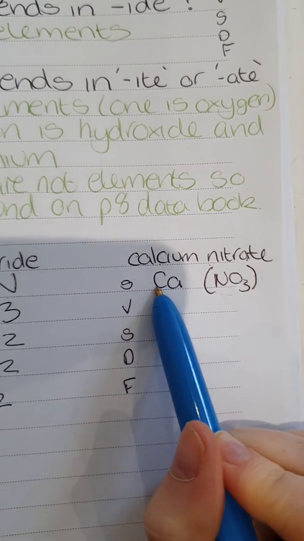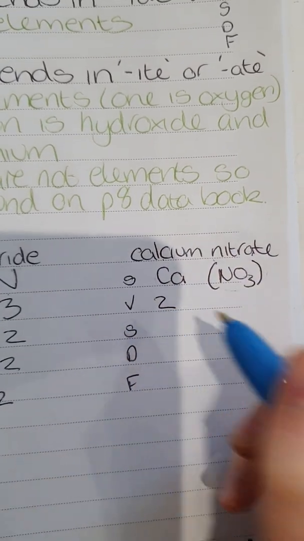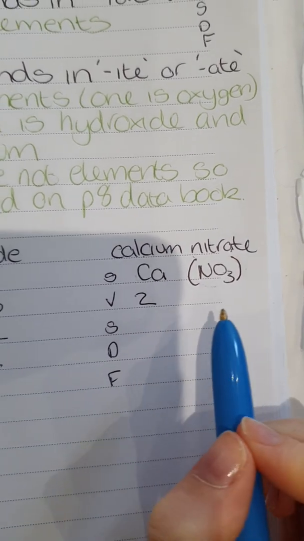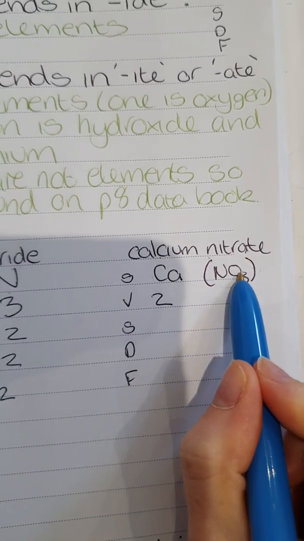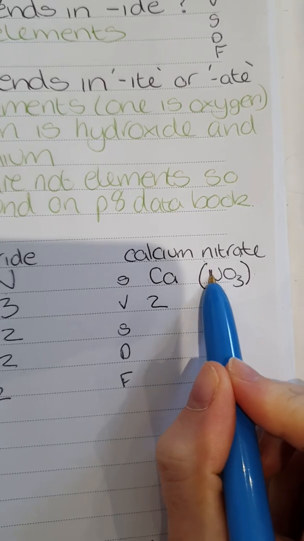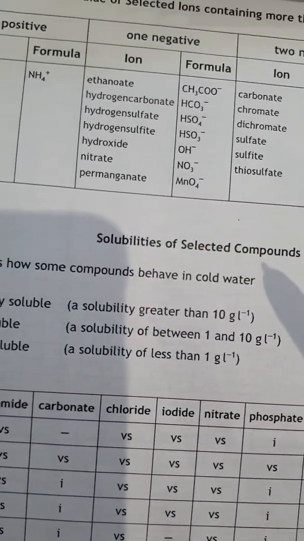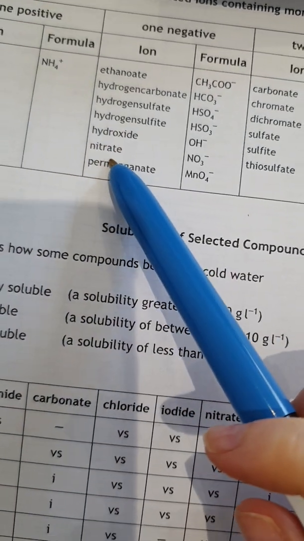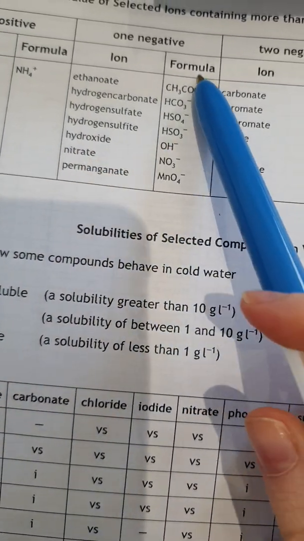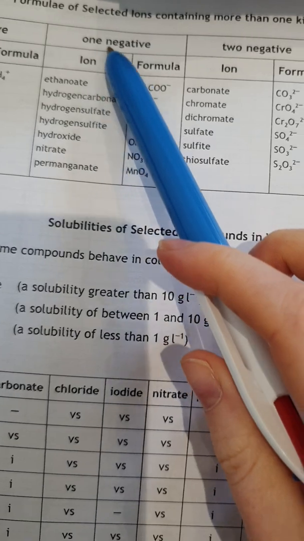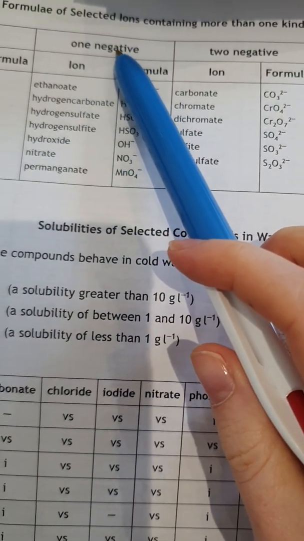Valency, calcium is exactly the same. So 2, we know that from before. Nitrate though, it's nothing to do with this number, and it's nothing to do with nitrogen or oxygen. It is on page 8. Now, the easiest way to do it, find what column nitrate's in. So you'll see it's in this column here that says 1 negative.